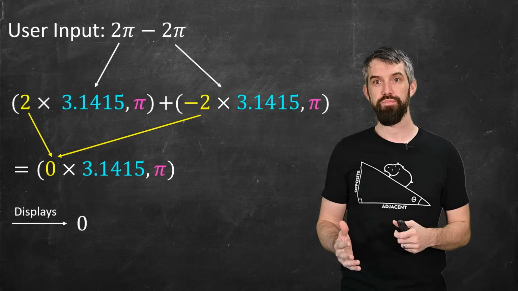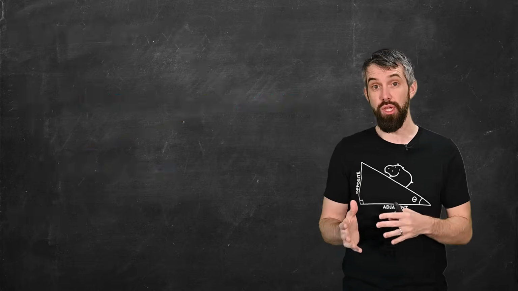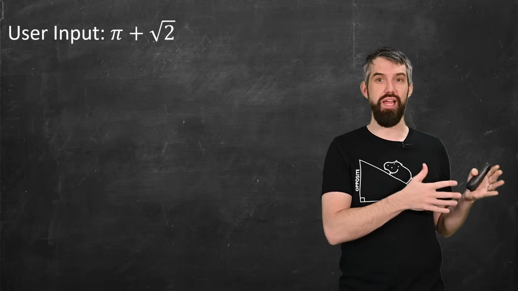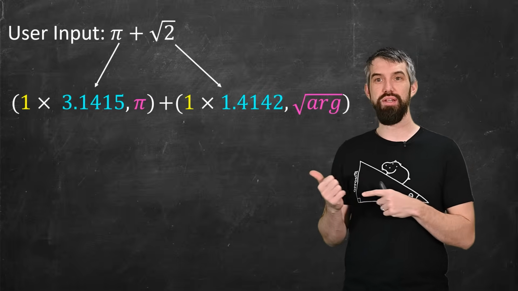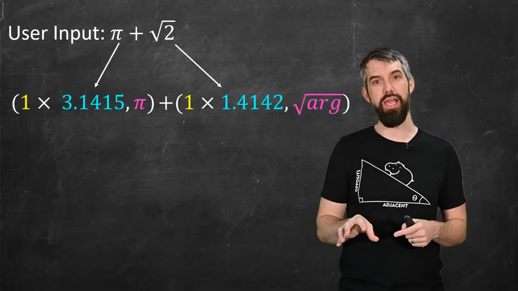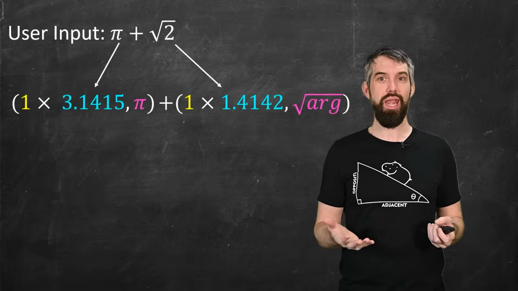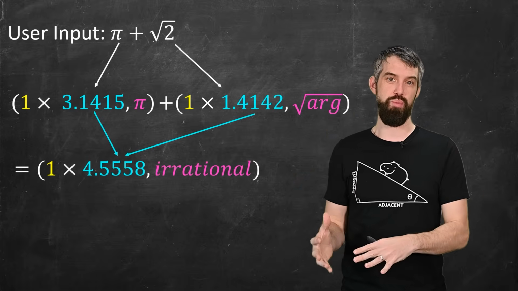In contrast, if the user inputs something like pi plus root 2, these have different property flags. So the one is going to be written as 1 times 3.1415 with the pi property flag. The other is 1 times 1.4142 with the square root property flag. Those are different things. And so what's going to happen, it just says, well, now I have to do not rational arithmetic, I'll use the recursive real arithmetic.